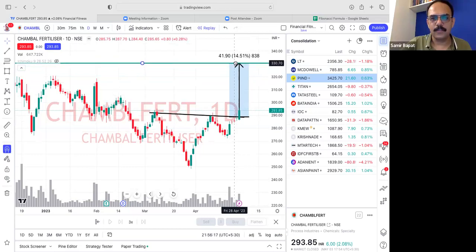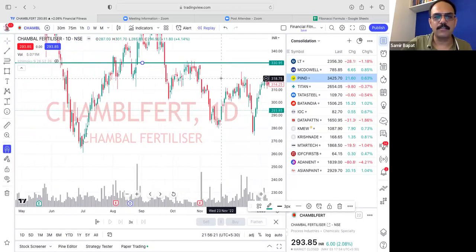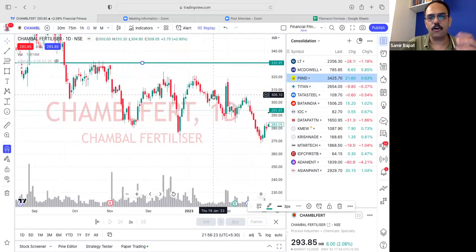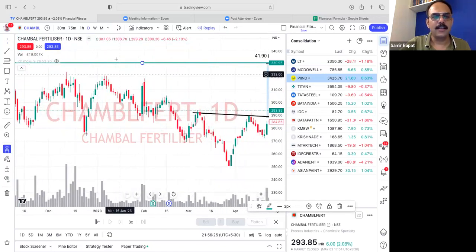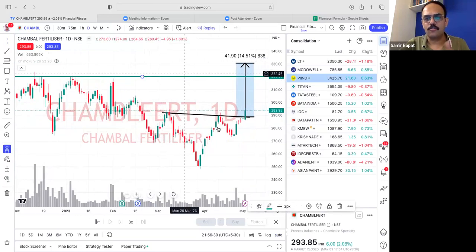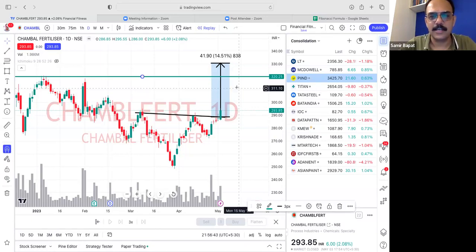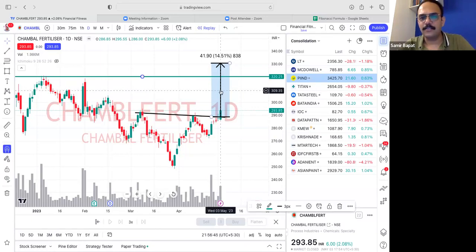Okay, let's go back. Somewhere it is matching, but if you want to be on the safer side, match till here, so you can book some profit here. This is also good, right? If you are riding the wave from 290 till 320, that is about 10% in the next maybe 10-15 days. Rupesh, are you okay? Are you happy with that? 10% in 8 to 10 days? Okay.